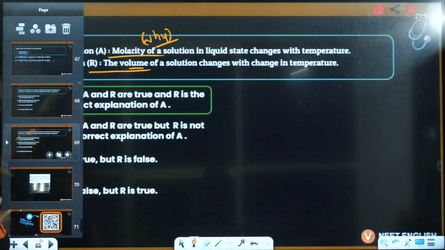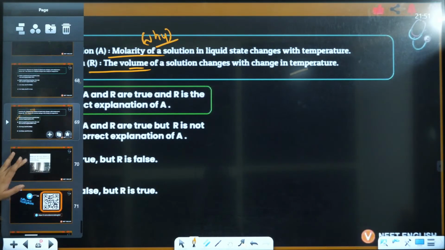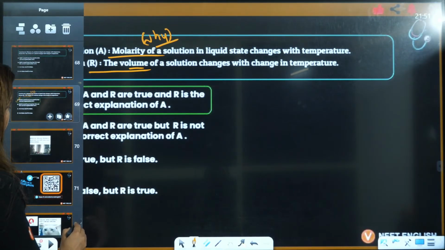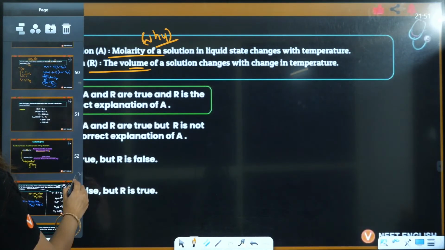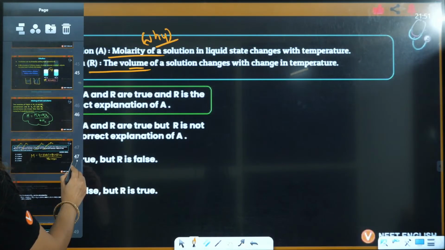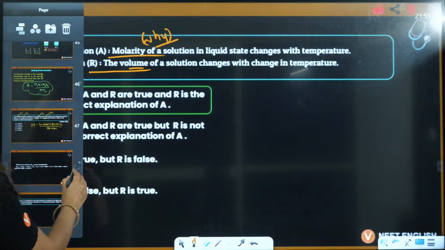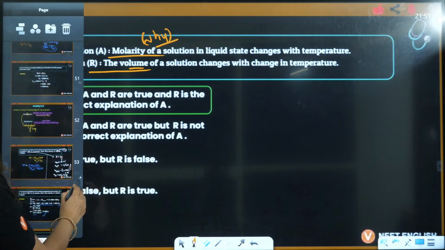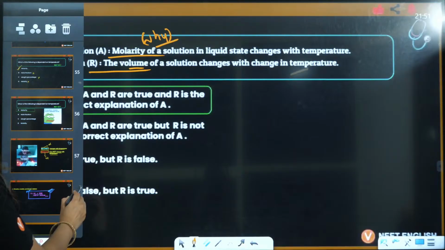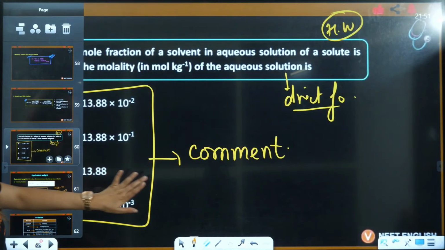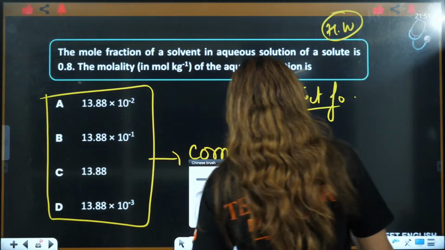Okay, that's it, students, for today. And a very, very important thing for all of you here: I have given you one question for homework. I'll just give you that again. Everybody, take the screenshot of this.